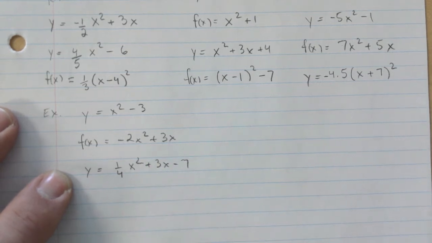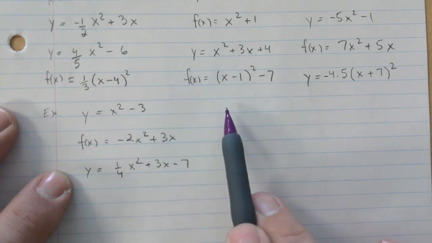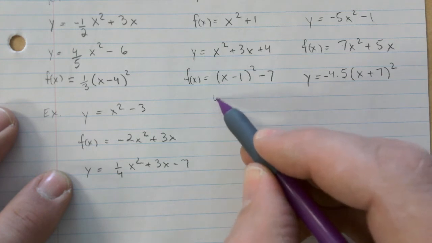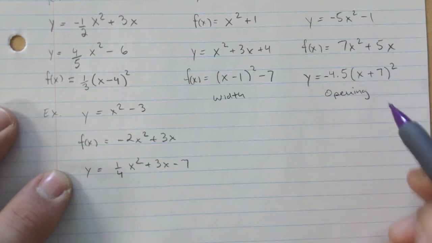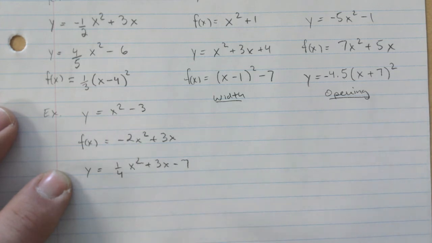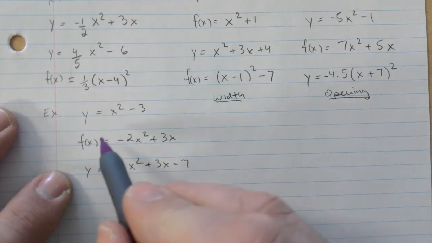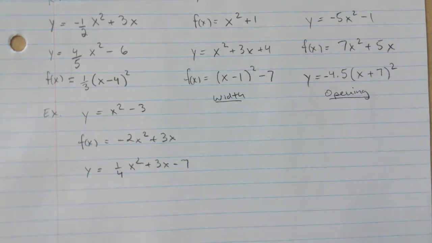I want you to tell me for every single one, we're going to walk through it, what's the width of it, and what is the opening? So the width and opening for all these equations that we just saw. I'm just going to identify, so write them down first. And then we're going to find A for all of them.